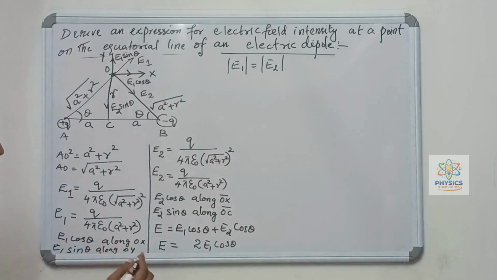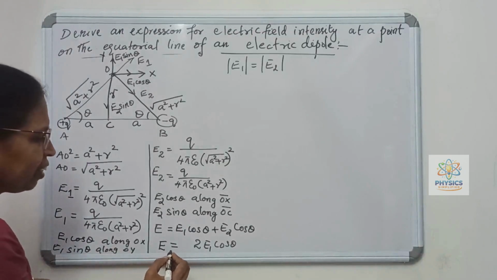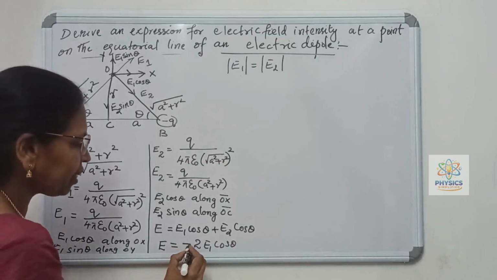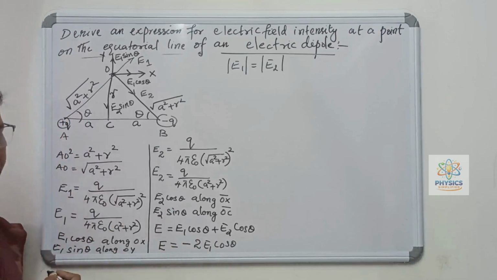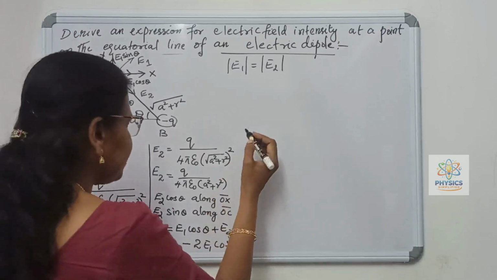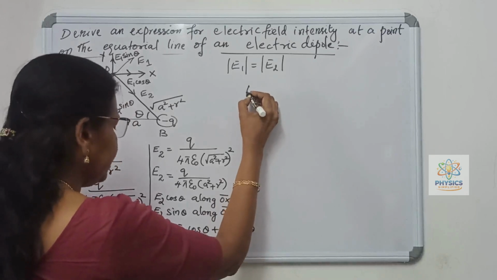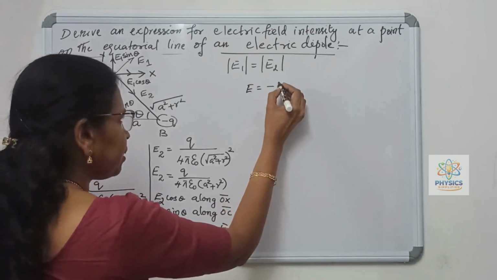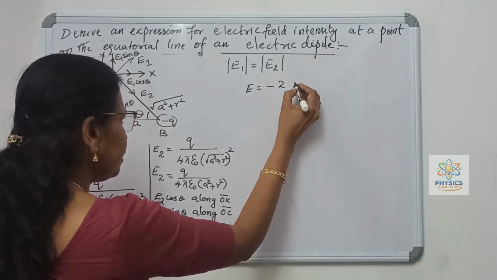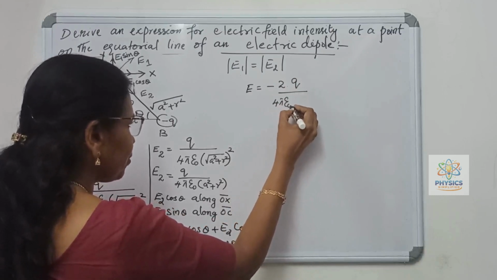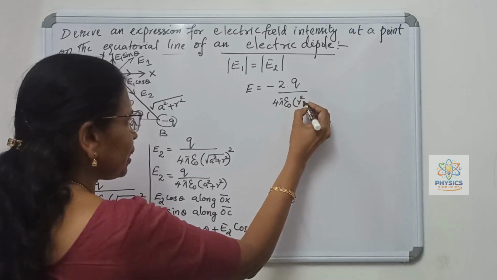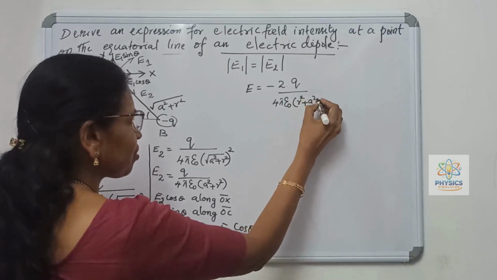Therefore, the resultant electric field E is equal to minus 2 into E1 into cos theta. Next, we have to substitute the value. E is equal to minus 2 into Q by 4 pi epsilon 0 into R square plus A square.